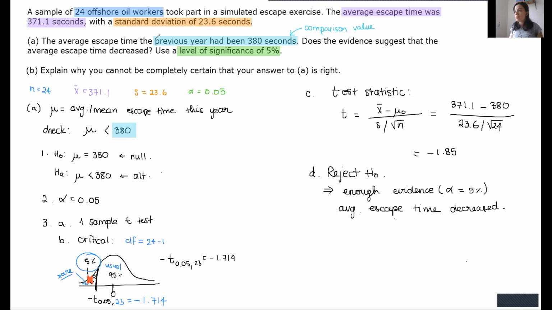Right, so that brings me to question B, which asks, explain why you cannot be completely certain that your answer to A is right. Question B, maybe finish writing and raise your hand when you're done writing.